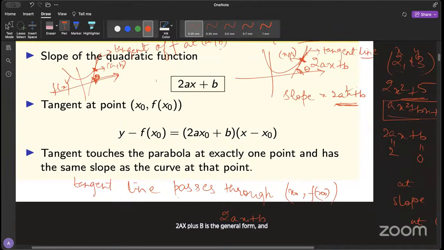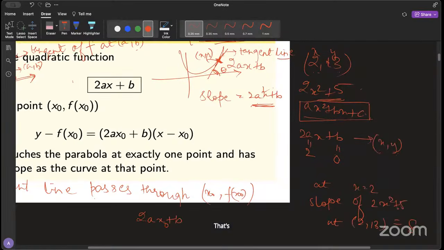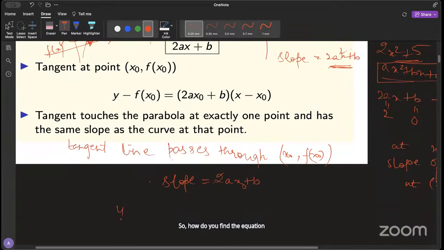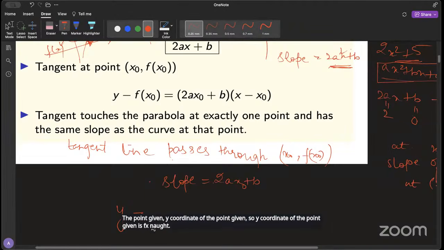At this particular point, your slope becomes 2ax naught plus b, right? That's what we discussed here. So you have been given a line, and one point is given and slope is given. How do you find the equation of that line? It's y minus the y coordinate of the point given, so y minus f of x naught.